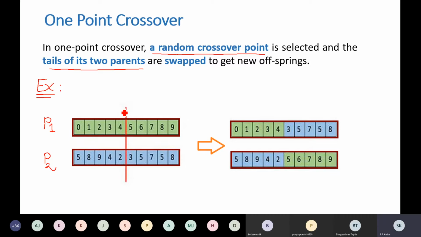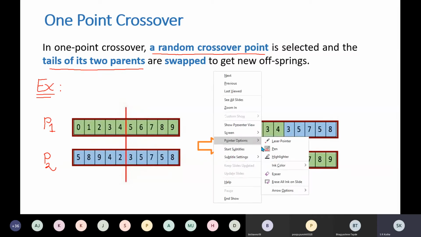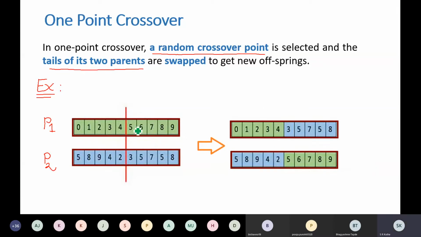Now here, this is the crossover point. What is the crossover point? This one. This point is the crossover point.